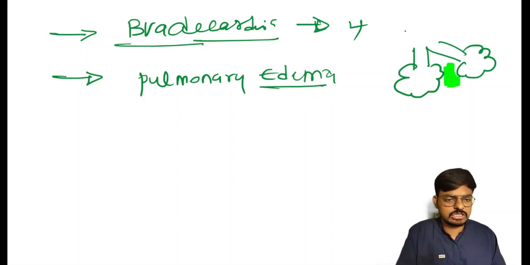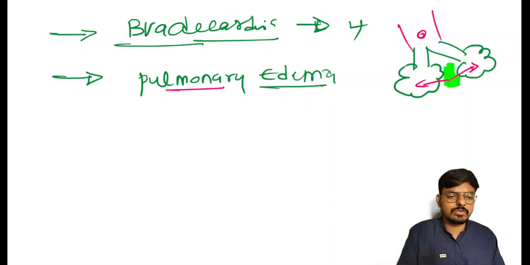If we are suctioning the airway, it will create negative pressure, and this fluid will move into the alveoli. In pulmonary edema we don't want the fluid to move into the alveoli. So in severe pulmonary edema, suctioning is contraindicated.